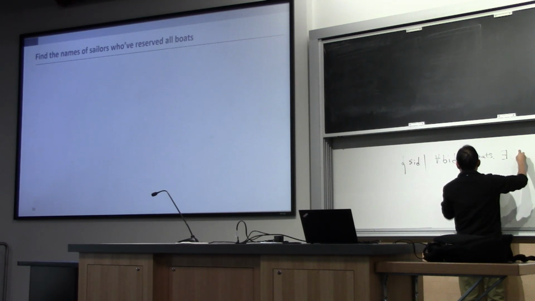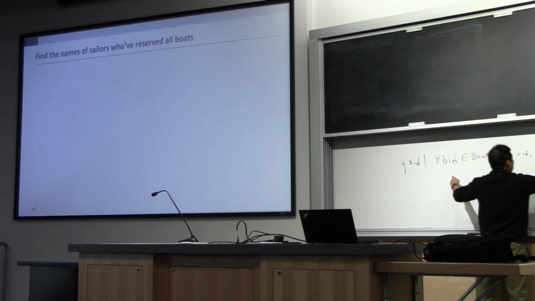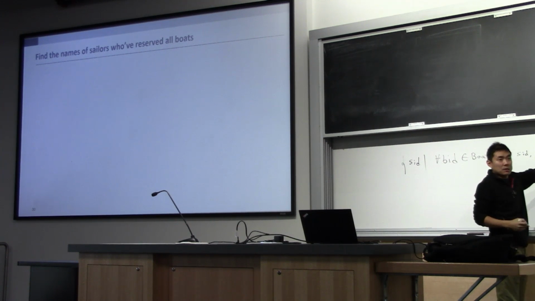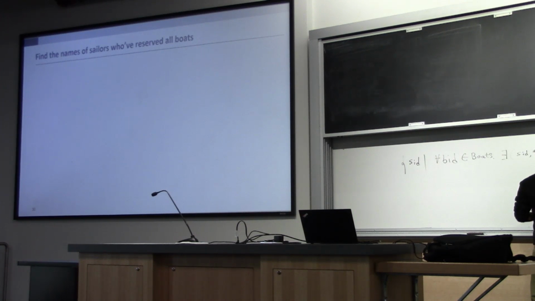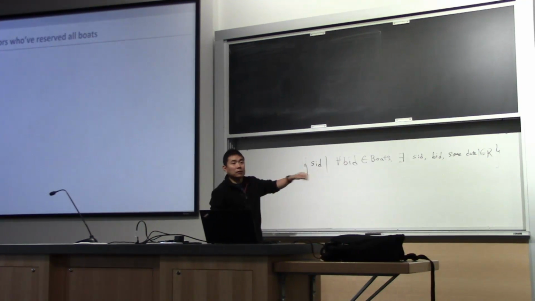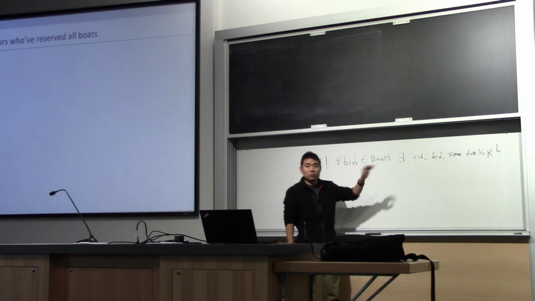What record? This sailor ID, particular sailor ID, and boat ID, and some date. I don't care about which date it is. Some date from the reserve table. That's essentially what I'm trying to find. This is all the sailor IDs who reserve all the boats.